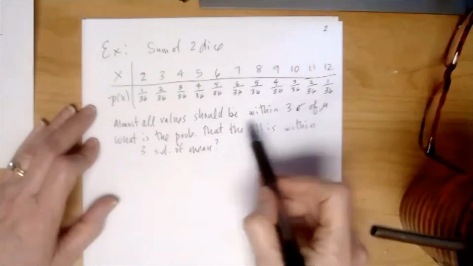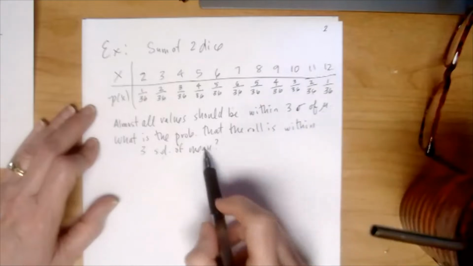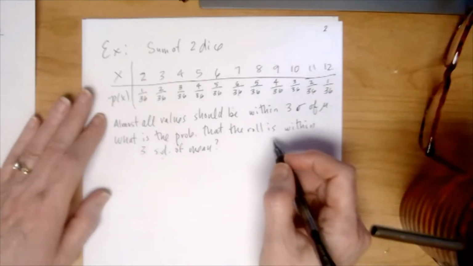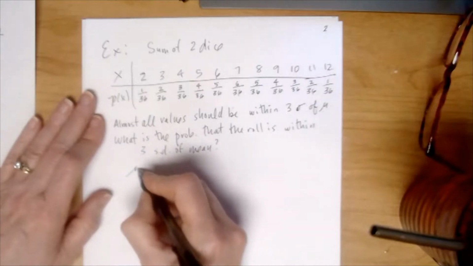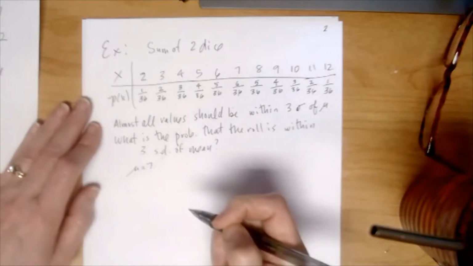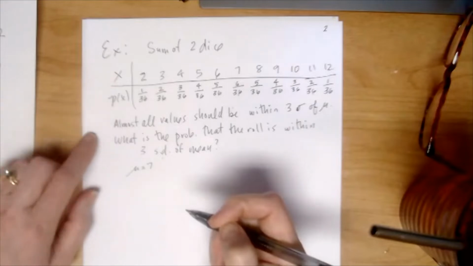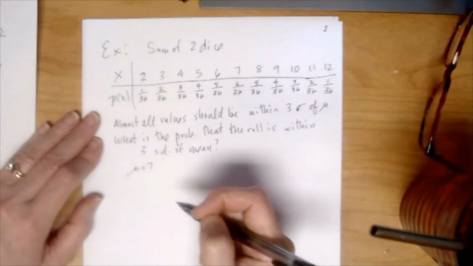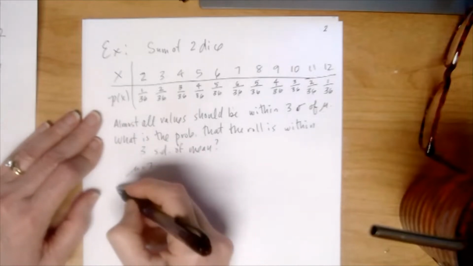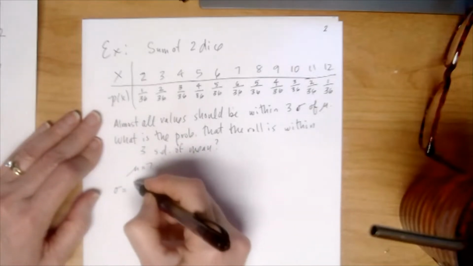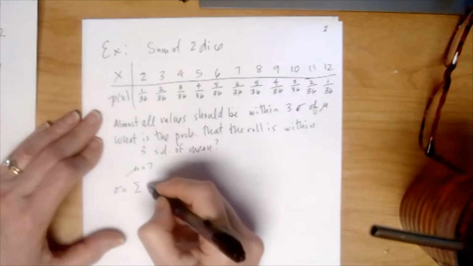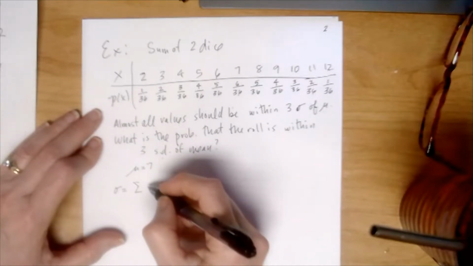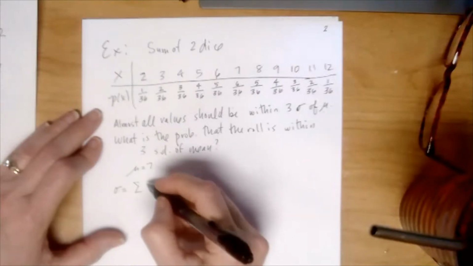And when I said sigma, that's the standard deviation, mu is the mean. All right, so mu we said was 7. In order to get the standard deviation, we have to calculate it. So sigma, this is the sum, and we're going to use our improved rule, our faster rule.